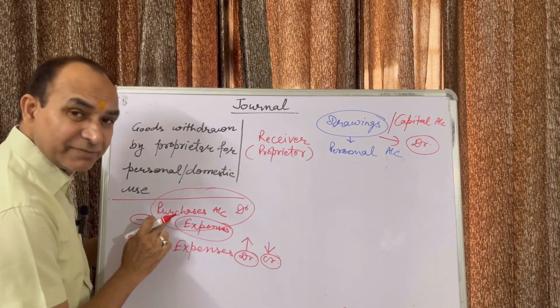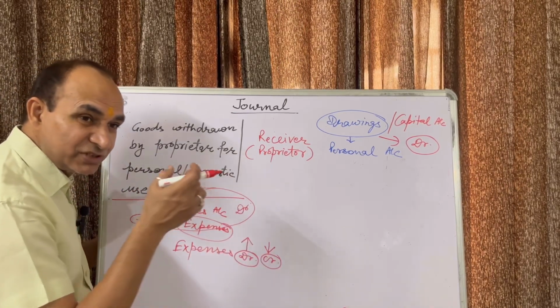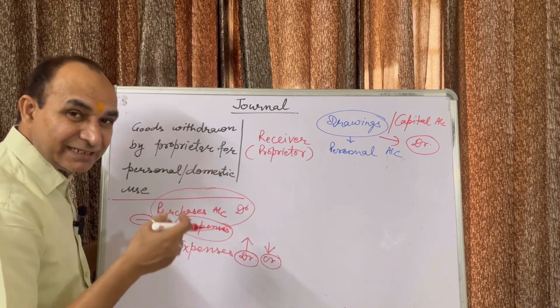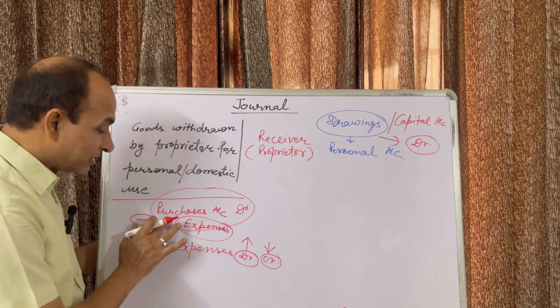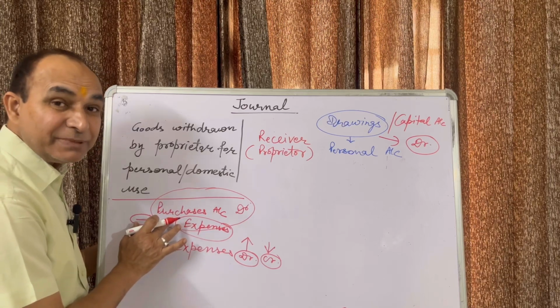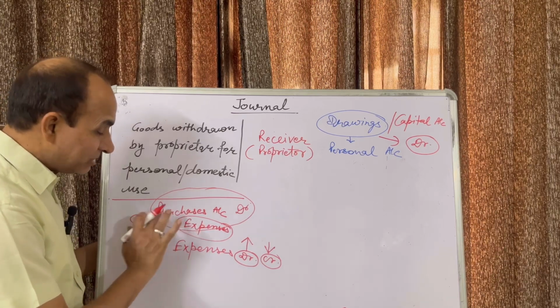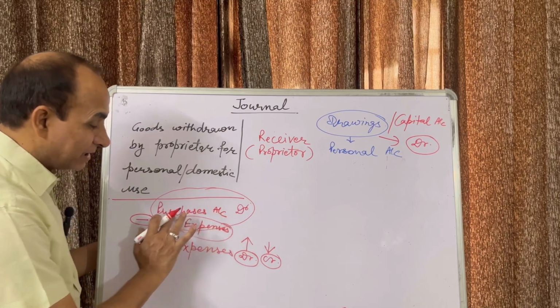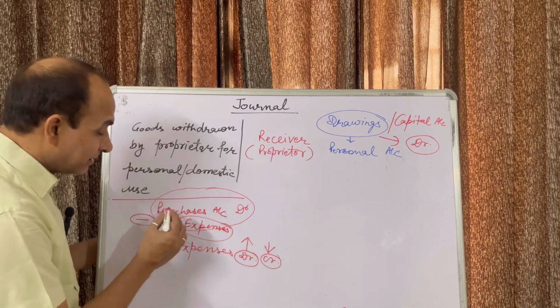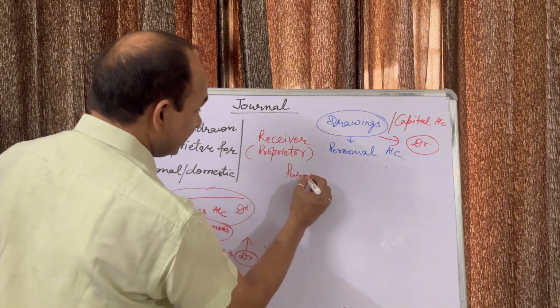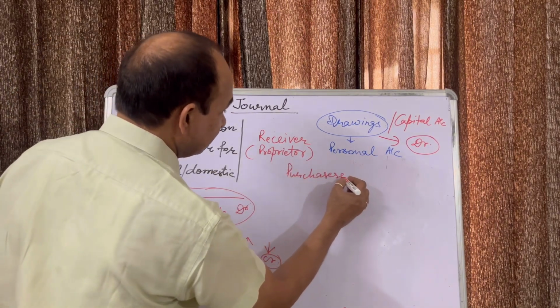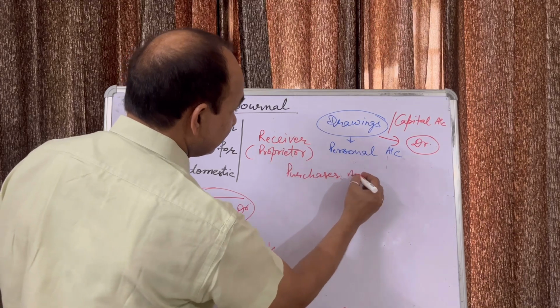Remember, a simple concept is there. Purchase account is debited whenever goods are purchased, because that increases the expense of the business. But a part of such goods, whenever used by the businessman for personal use, must be deducted from that account. And in order to deduct, this account will be credited. Here, purchases account will be credited. Purchases account credit.